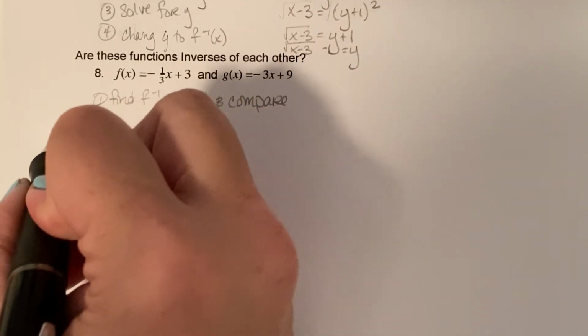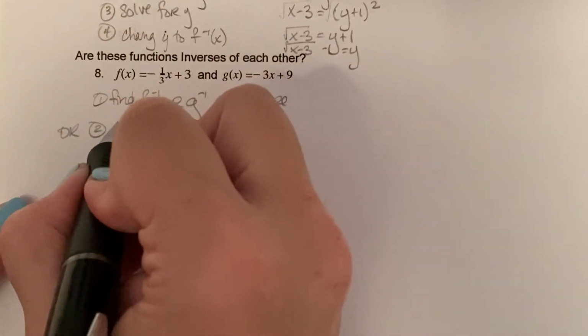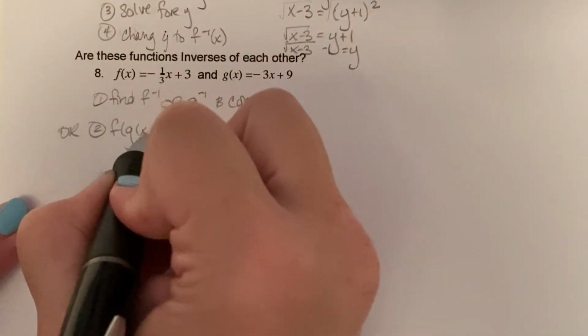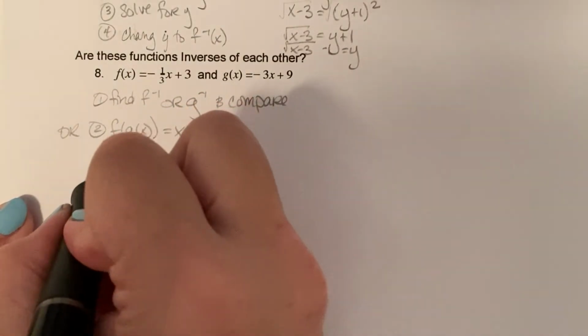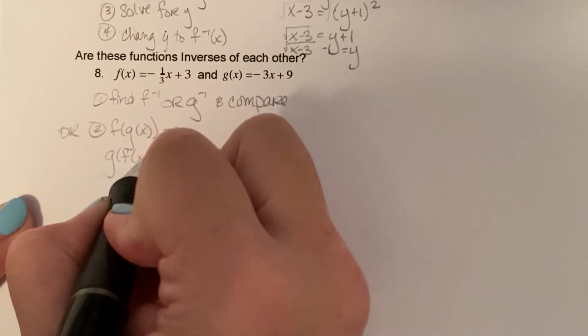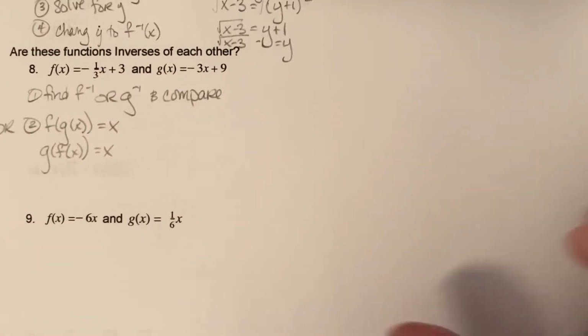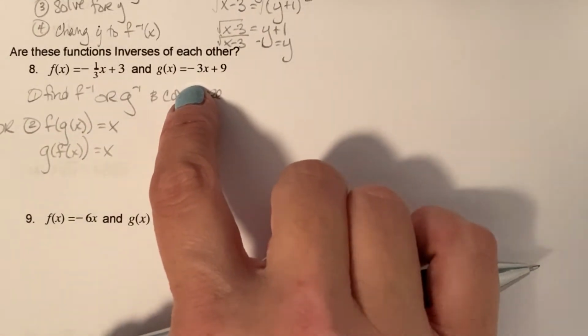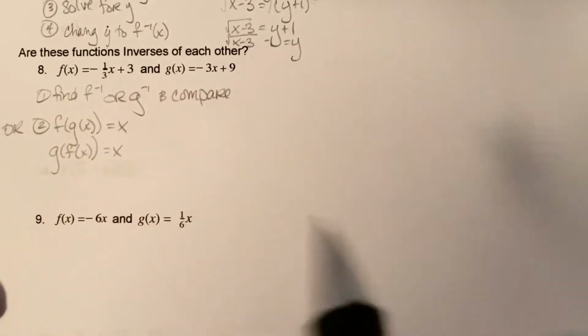Or you can do f of g of x, which has to equal x, and g of f of x has to equal x. Either way is correct. So for this one, I'm going to find f inverse and compare it to the g of x.